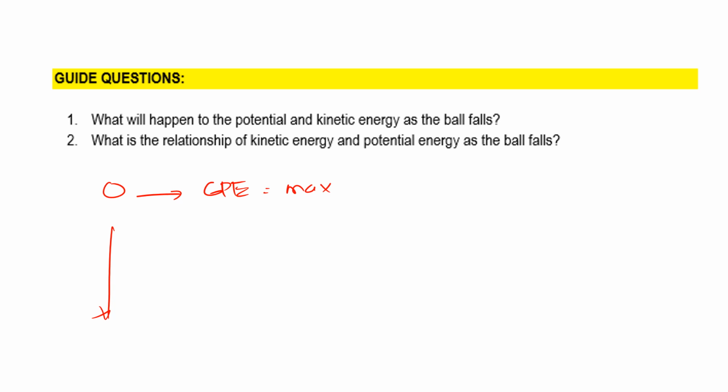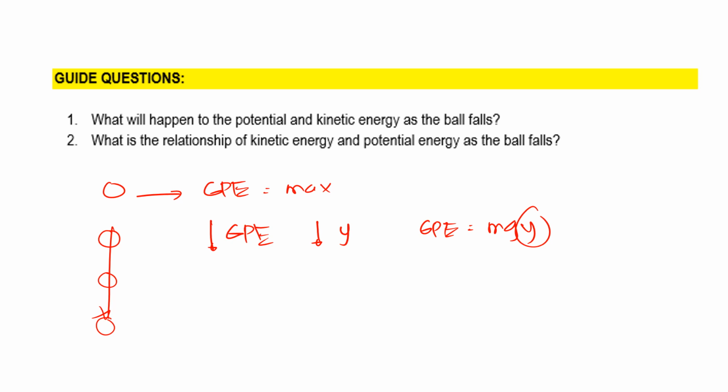As the ball falls, it changes its height, so there will be a decrease in the gravitational potential energy because there is a decrease in the height. We know that Gp is directly proportional to the height. So as we decrease the height, there will also be a decrease in the gravitational potential energy.